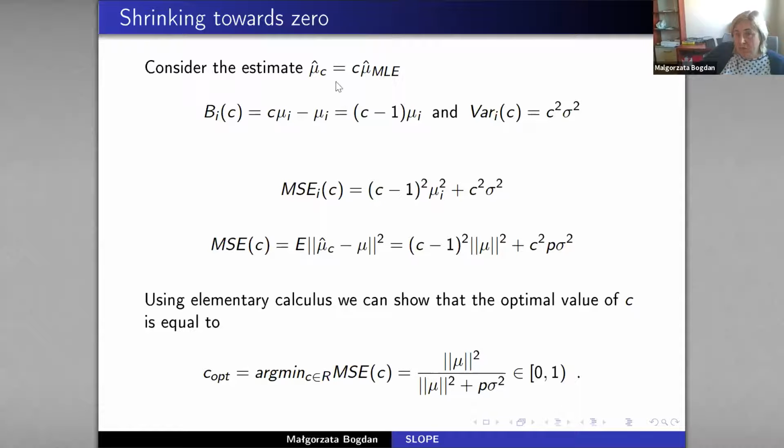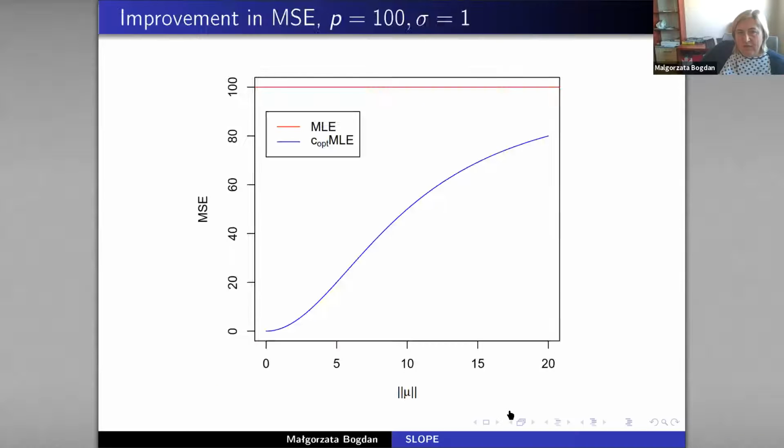So there is an estimator which is better than MLE, and the constant depends on the norm of mu. The constant which you should use here is, as you can see, in the numerator the squared norm of mu, and in the denominator the squared norm of mu plus p sigma square. Here is the mean square error of your maximum likelihood estimator when p is 100 and sigma is 1.